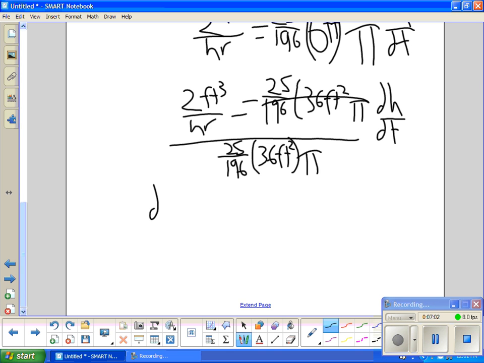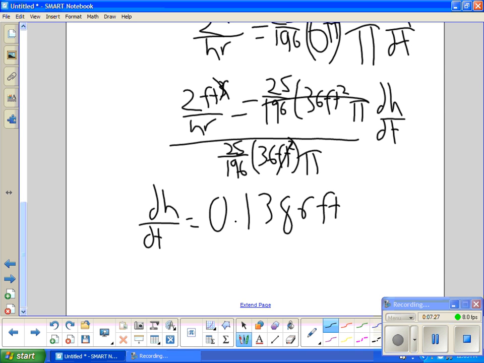So dH dt equals, and these units will cancel out, leaving feet per hour, which is the unit we desire. The end result will supply us with 0.1386 feet per hour.